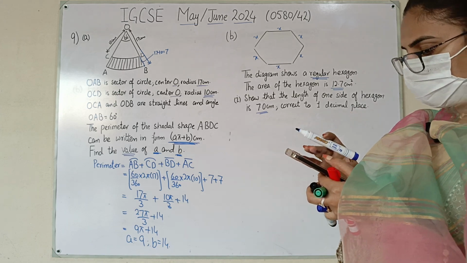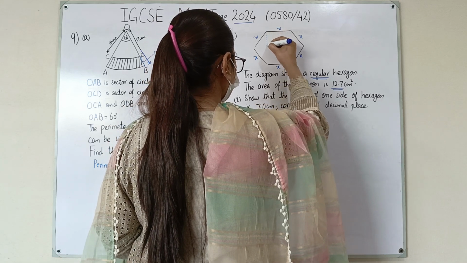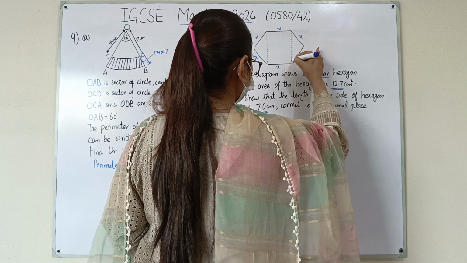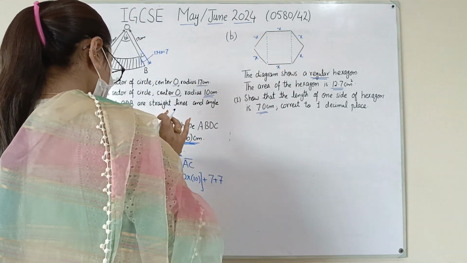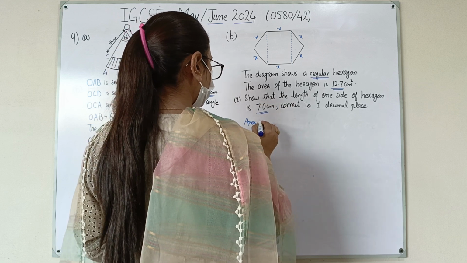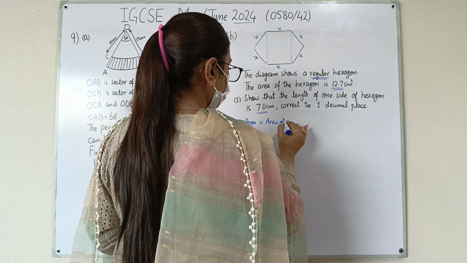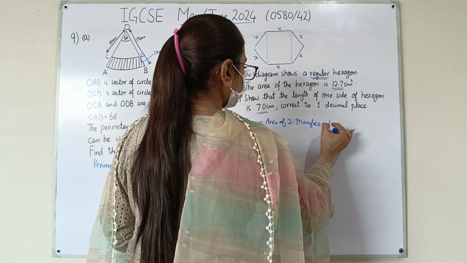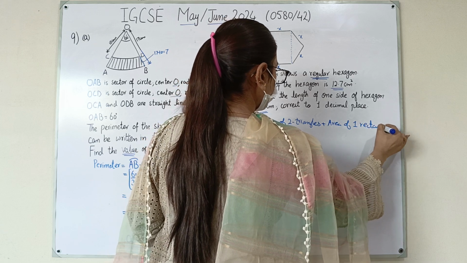So here what you have to do is draw a line like this, and you will break this hexagon into basically three figures. Two are triangles and one is a rectangle. So the total area of this regular hexagon will be equal to the area of two triangles plus the area of one rectangle.